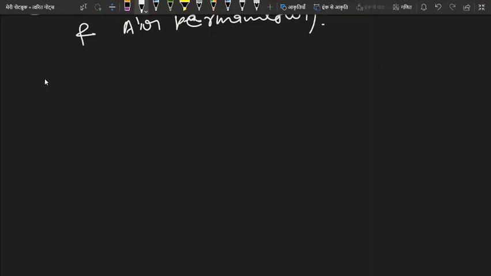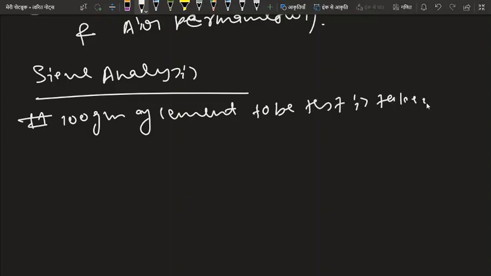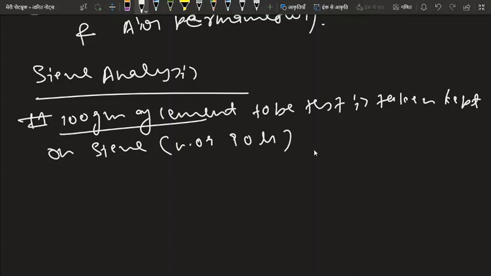What we do in sieve analysis is take 100 gram of cement to be tested and keep it on a sieve of number 90. Then shaking is done for 15 minutes, manually or mechanically.